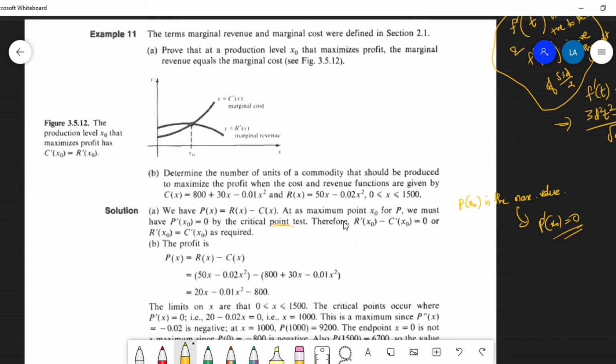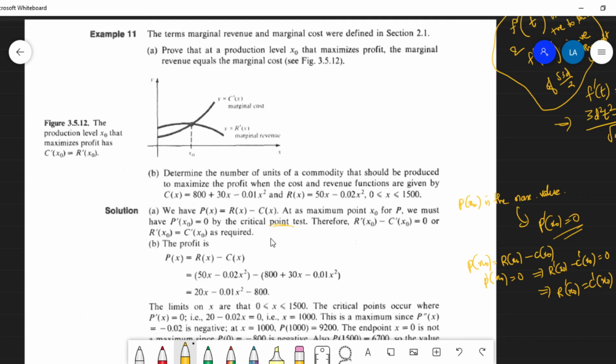Now, since p dash of x naught is equal to 0, and since p of x naught is equal to r of x naught minus c of x naught, all of them functions in x, p dash of x naught equal to 0 will imply r dash of x naught minus c dash of x naught is equal to 0. So that will imply r dash of x naught is equal to c dash of x naught.